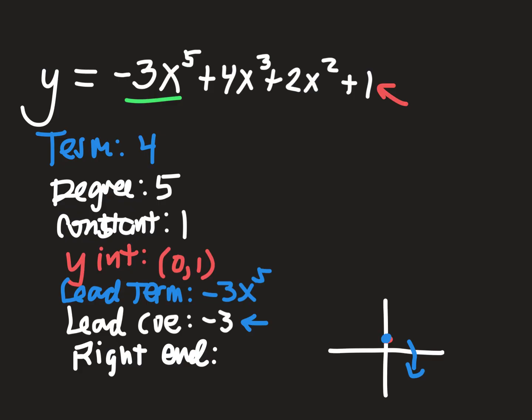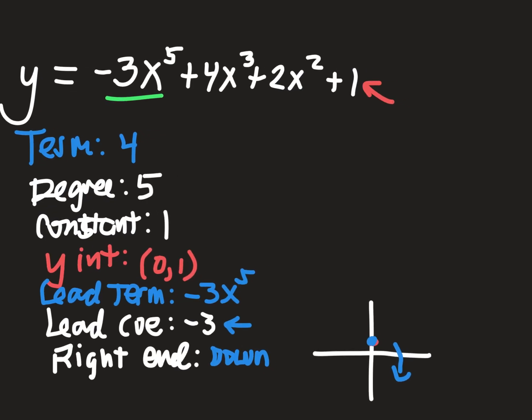So right end, down. But don't just say down. You got to say why. Why is it going down? Because, that's going to be an abbreviation for because. Down because, why?